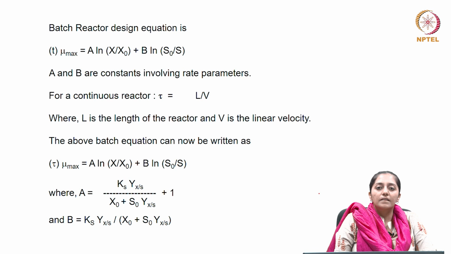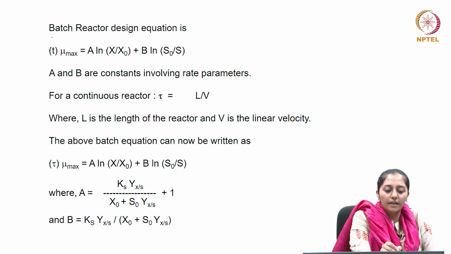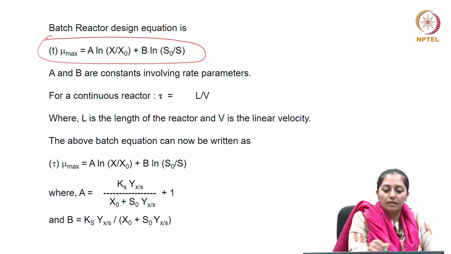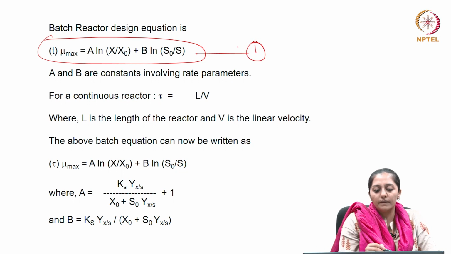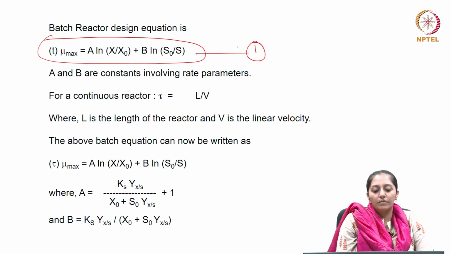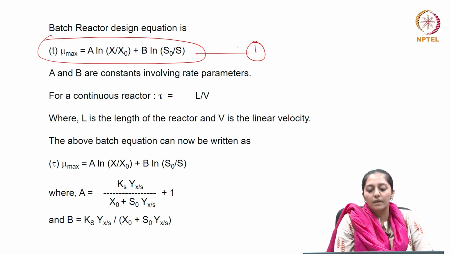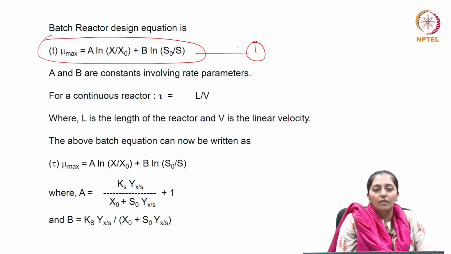For the batch reactor design, we have already established the design equation as shown on the slide, given as equation 1, where A and B were constants which involved rate parameters. For a continuous reactor, we now know the residence time of the plug flow reactor can be given as L by V, where L is the length of the reactor and V is the linear velocity.